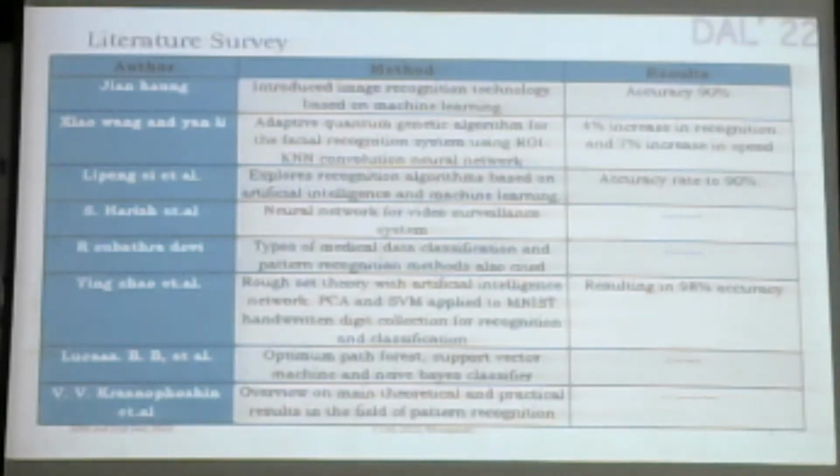Sir, we have done the survey from 2015. No, the year is not mentioned. When you do a literature survey, it must at least go up to the current year, right? Now we are at the edge of 2022.